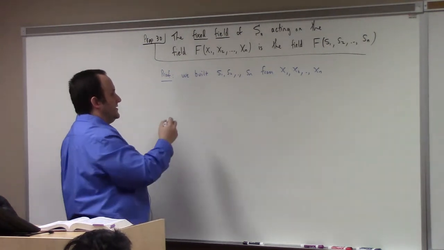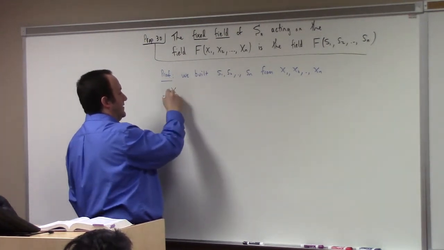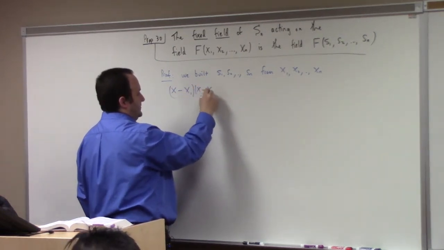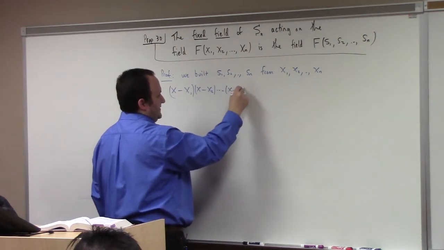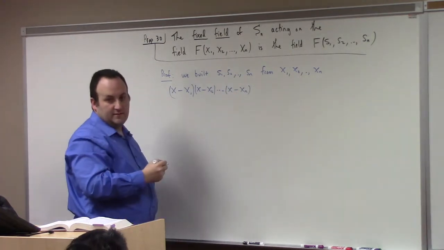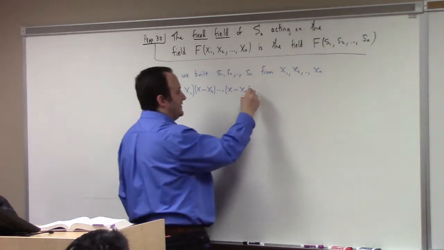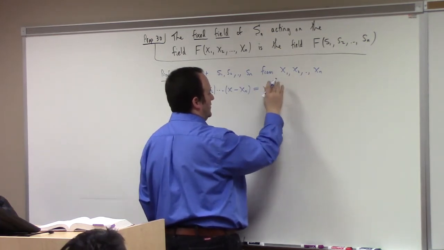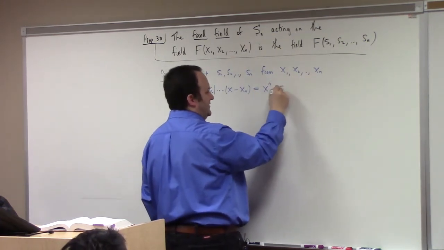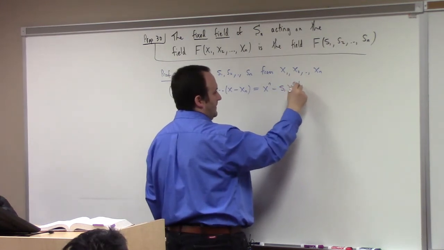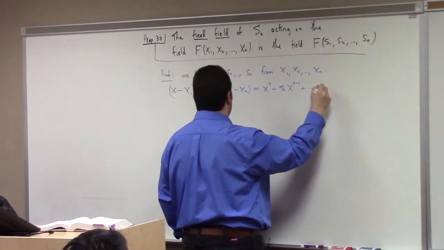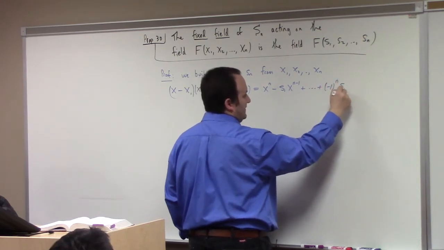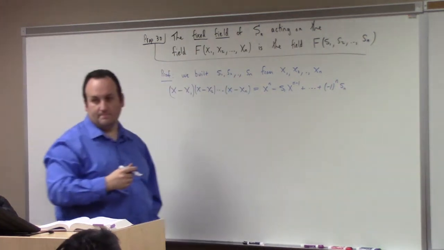And in particular, we looked at x minus x1, x minus x2, through x minus xn, this generic polynomial, and we saw that that was equal to x to the n minus s1 x to the n minus 1, and so on, all the way down to plus or minus, (-1) to the n, the nth symmetric function, little sn.